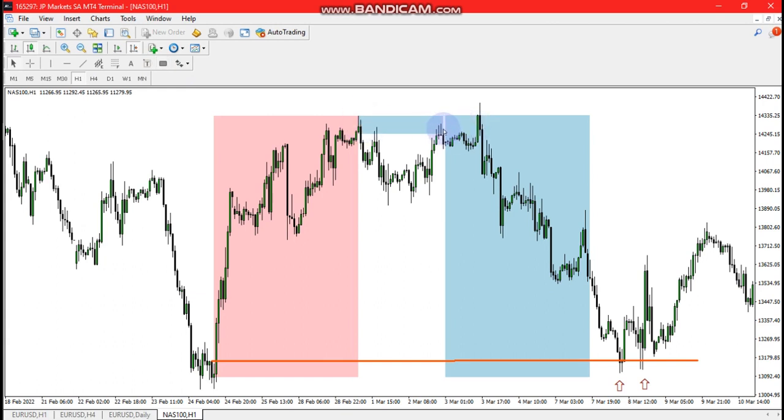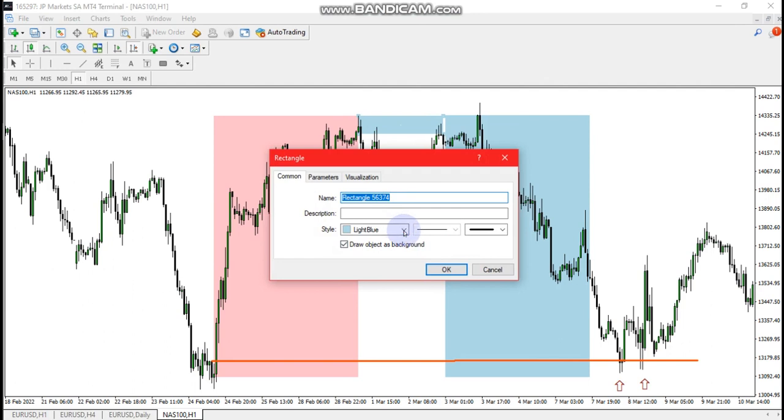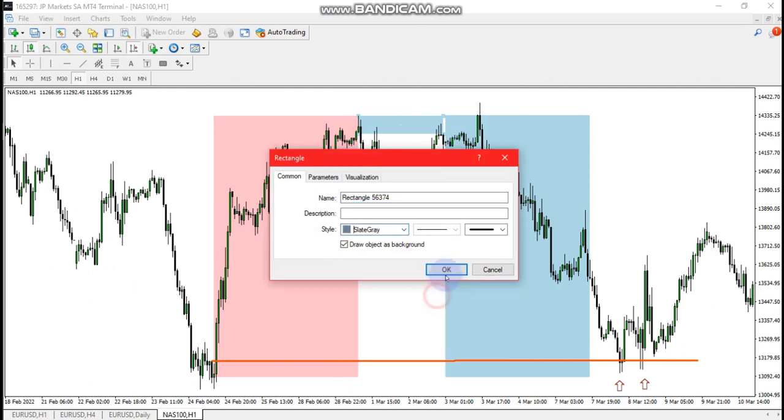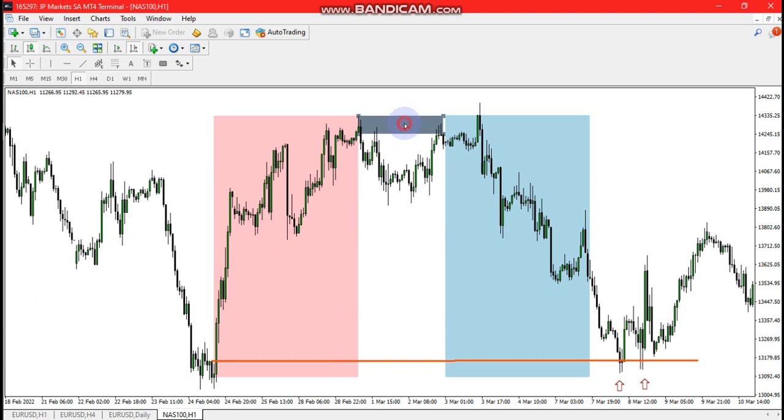We have two things that we can apply. We have what we call banks' liquidity level, or you can also use rejection blocks. So let me change this color so that you can see clearly. This thing is very easy, guys.